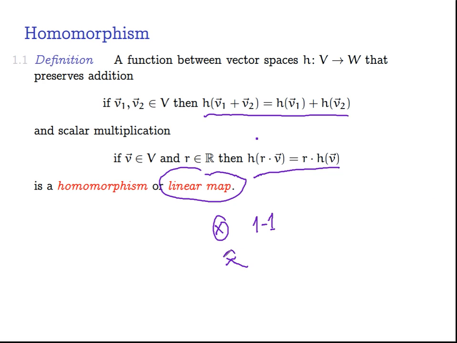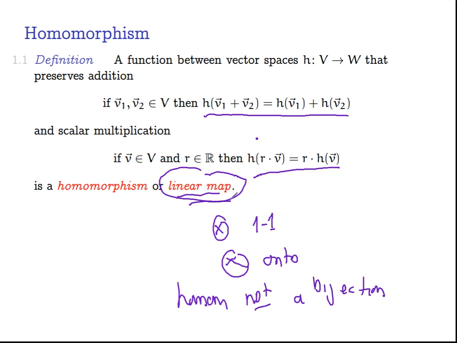So that means that a homomorphism is not a bijection. But it does have the linearity properties.